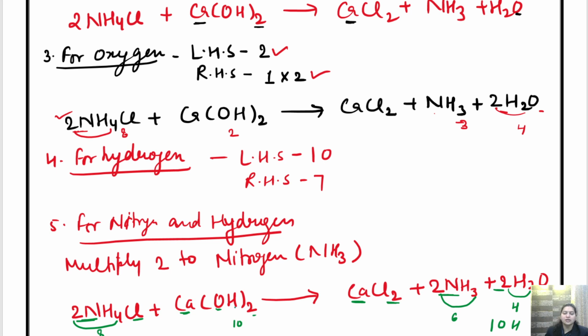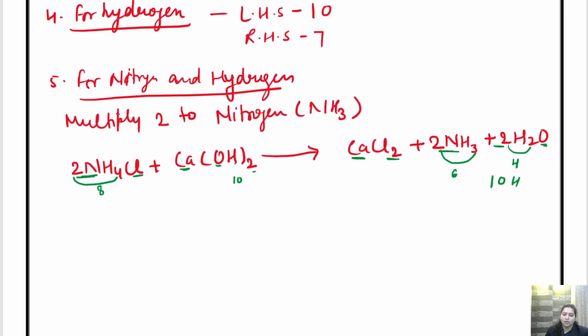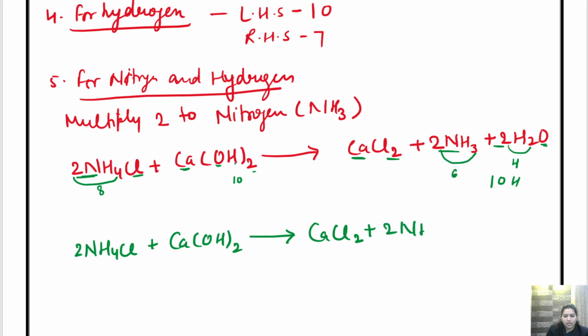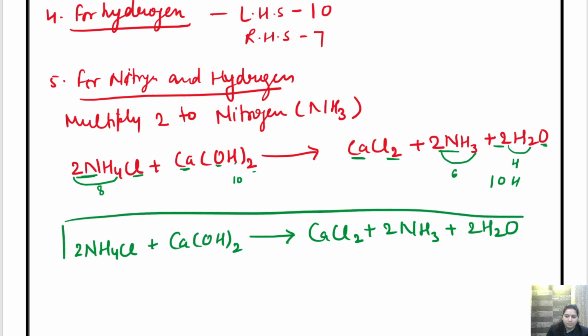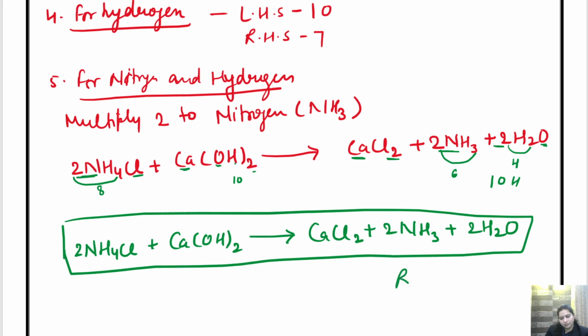So now it is a balanced chemical equation. So what will be the balanced chemical equation? 2NH4Cl plus Ca(OH) whole twice will give you CaCl2 plus 2NH3 plus 2H2O. So now this is a balanced chemical equation.